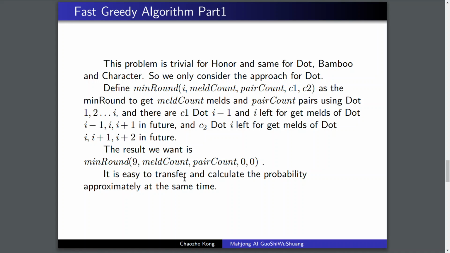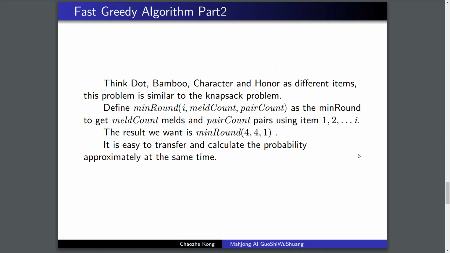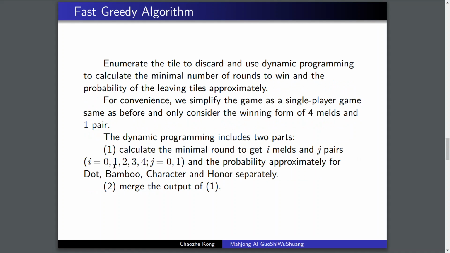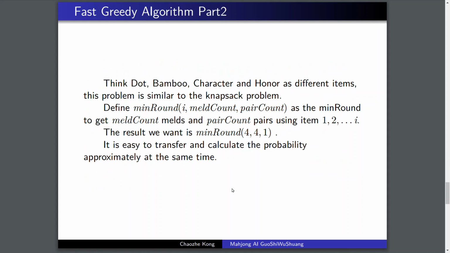The transfer is easy and we can calculate the probability approximately at the same time. Part 2, we need to merge the output of the first. Think of dot, bamboo, character, and honor as different items. This problem is similar to the knapsack problem.